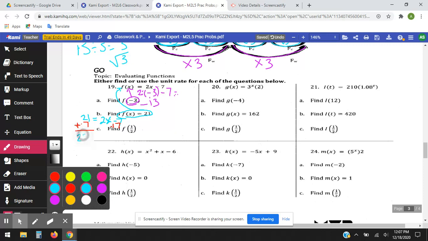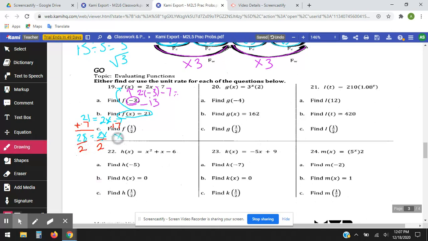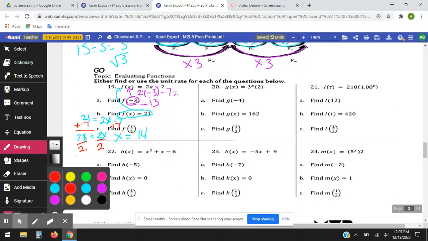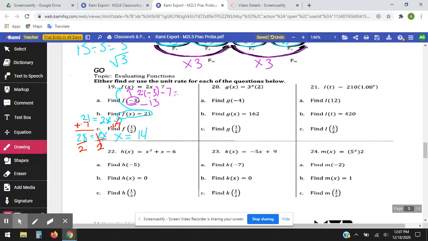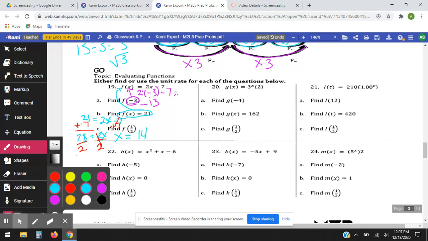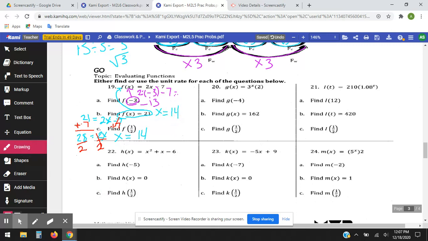So 28 equals 2x, divide by 2, divide by 2, x equals 14. So those canceled, x equals 14. So up on here, I would put x equals 14. So those are the ways you're going to solve these down here.